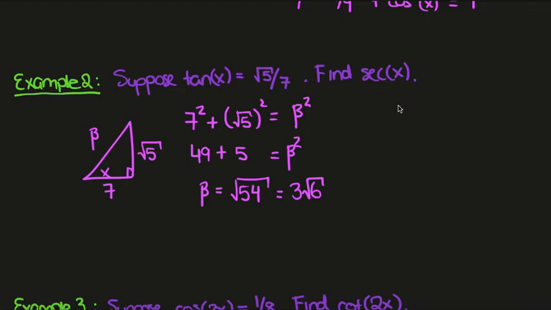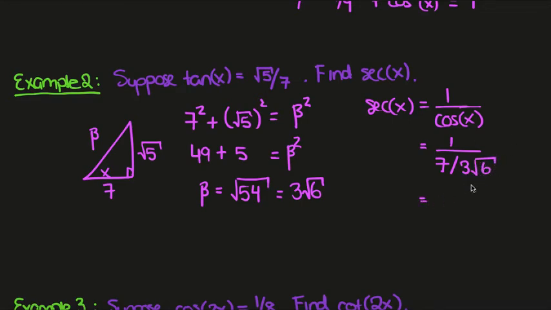Now if we want to find sec, sec x is 1 over cos x, and cos x is adjacent over hypotenuse, which is 7 over beta. So I'll have 1 over 7 over the hypotenuse, which is 3√6.